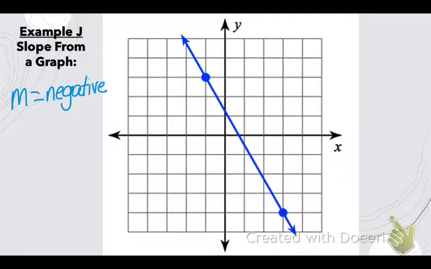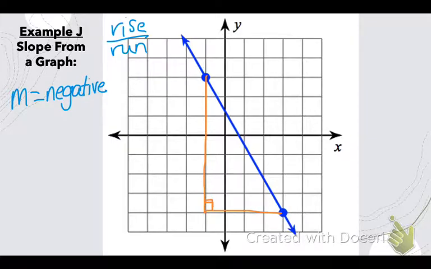Then we need to look at our rise over our run. What I have to do is find 2 perfect points. In this case, our perfect points are already highlighted for us. A strategy that you might want to use is to draw a triangle between them that has a right angle, so the corner is a right angle.